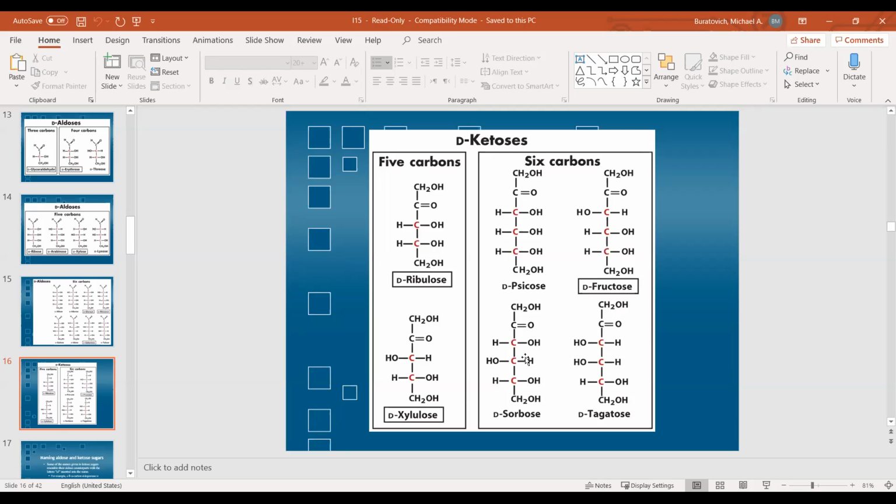Among the 6 carbon ketoses, ketohexoses, you have fructose. The others are not at all common. Sorbose, tagatose, not common at all. You don't need to know those. So we should be memorizing the Fischer projection of these, correct? For now, yeah.